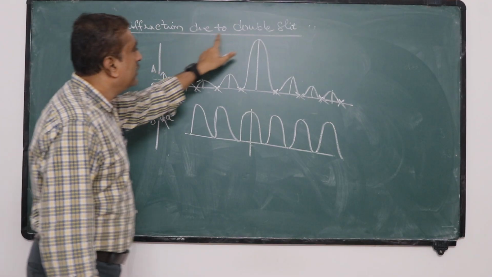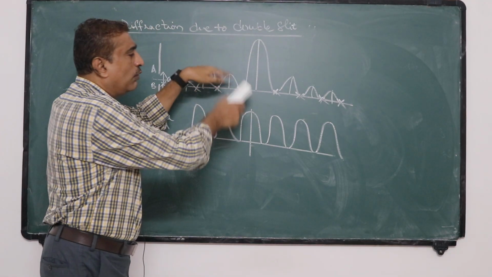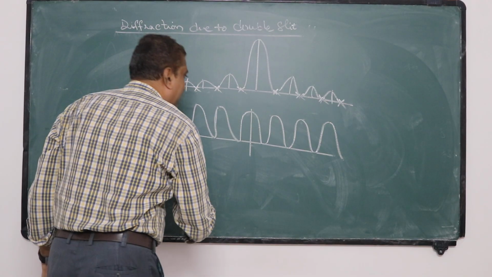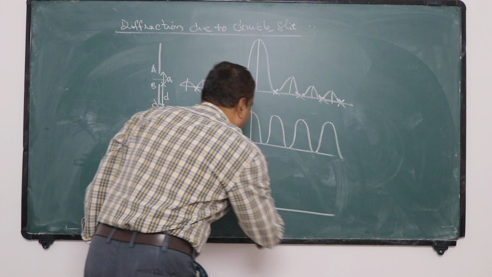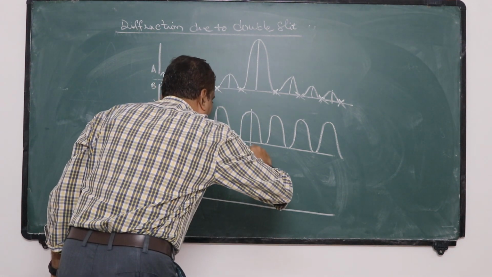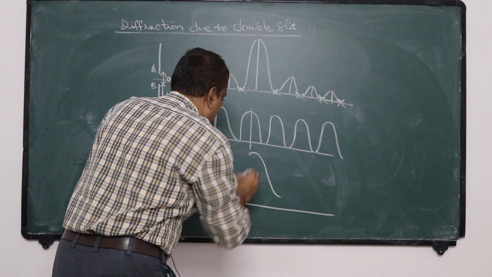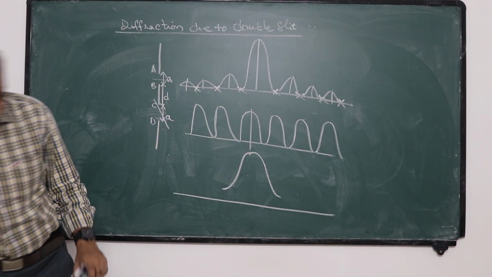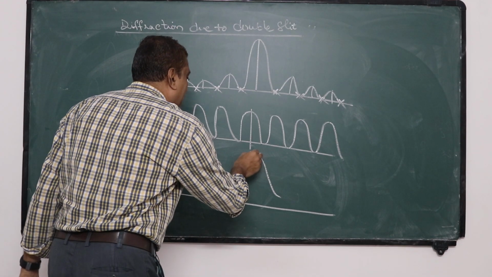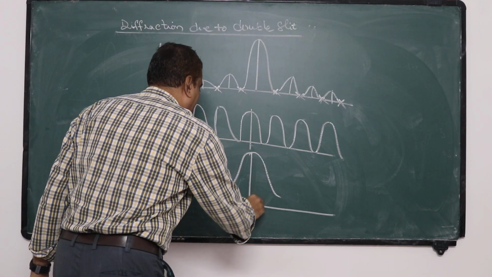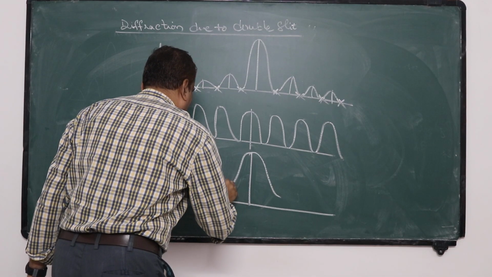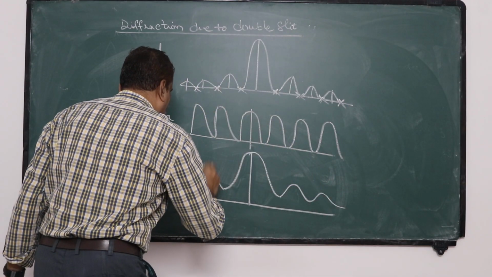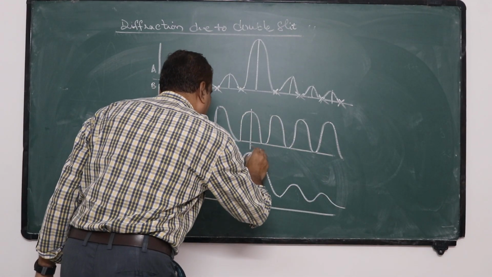Now for the diffraction due to double slit, if these two curves overlap, or are superimposed, the resultant intensity is like this.